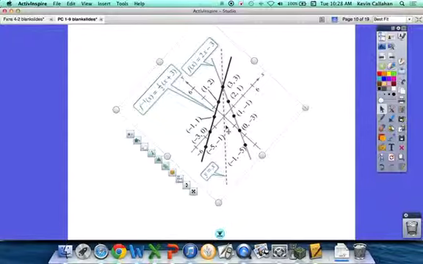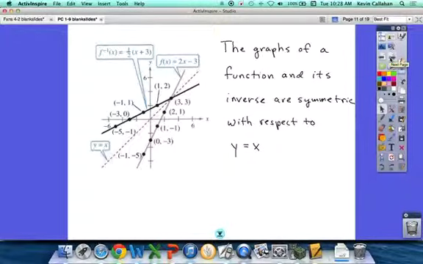Meaning whatever is on the left has got a mirror image on the right. And it looks like it does. And it should, because they're inverses. And that's what we know about the graphs of a function and its inverse. They are symmetric with respect to that line y equals x. So the graphs of a function and its inverse are symmetric with respect to the line y equals x. That's the main takeaway about graphs.